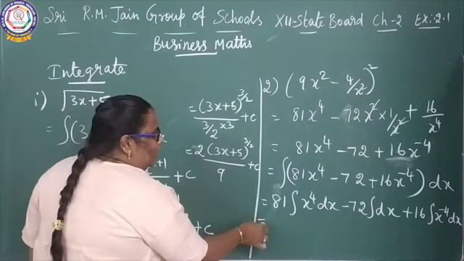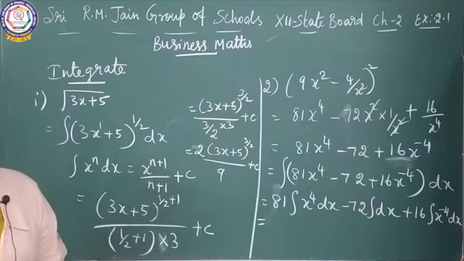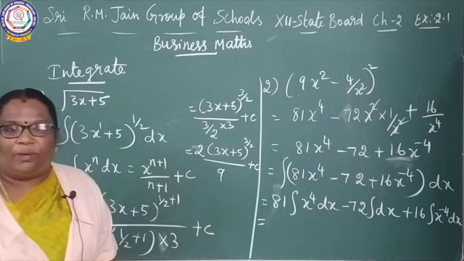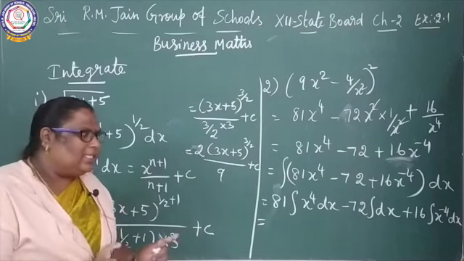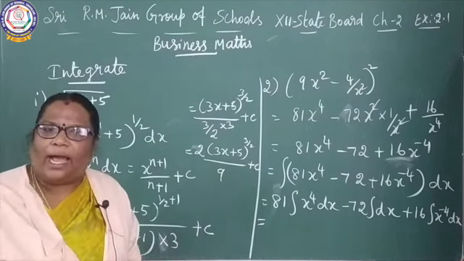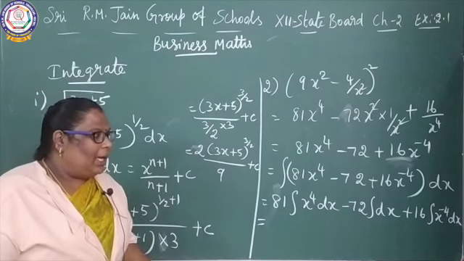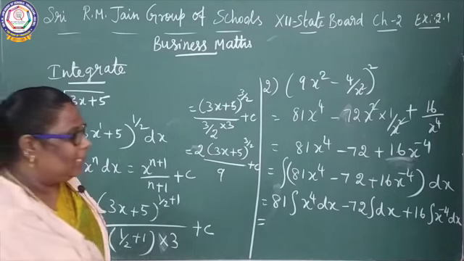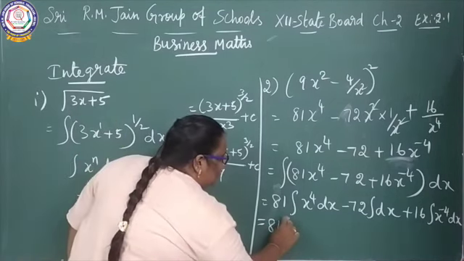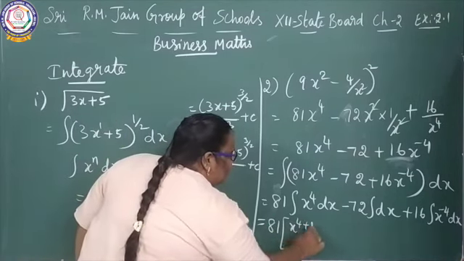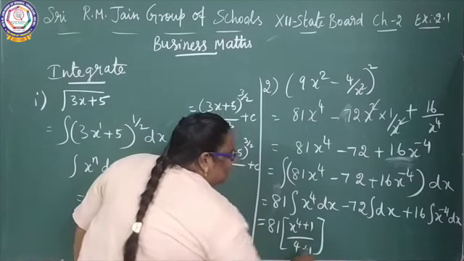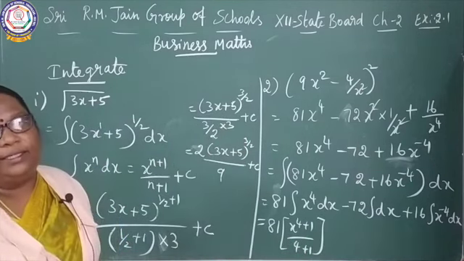It is in a power, so you apply the power formula, x power n plus 1 by n plus 1. If the power is 4, you add 1, that is 5 by 5. If it is minus 4, then minus 4 plus 1. So 81 into x power 4 plus 1 by 4 plus 1, and you write plus c at last.